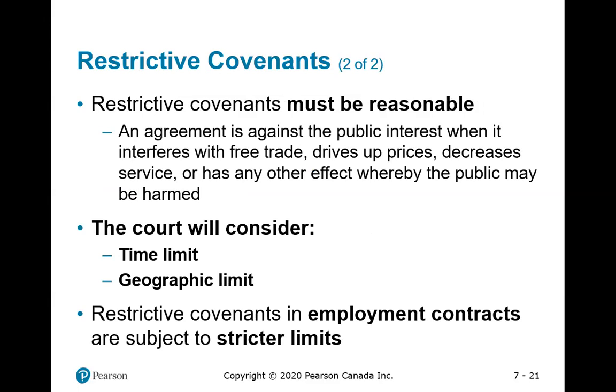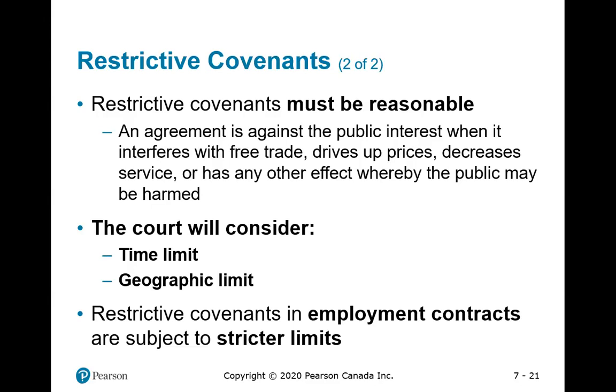You cannot agree to be out of the market as a pet shop owner forever. No, for some reasonable time. Let's say 1 year, 2 years. And not in Lower Mainland, not in BC. No, this is not reasonable. It has to be within the neighborhood, usually. Does it make sense?